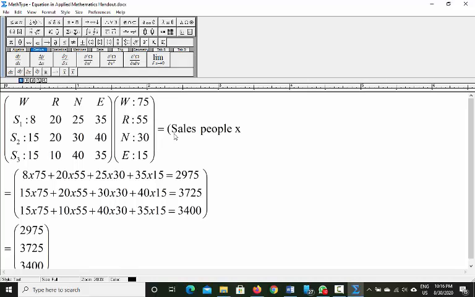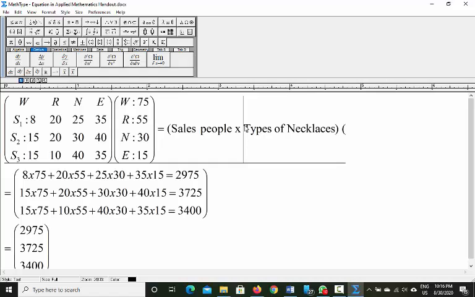And in the columns we have types of items: first column watches, second column rings, and like that. Now the second matrix. In the second matrix, in the rows we have watches, rings, necklaces, earrings. So in the rows we have types of items.